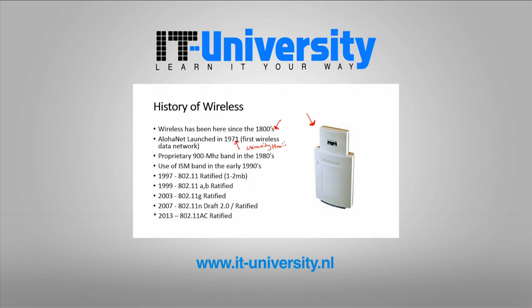So wireless has actually been around since the 70s as far as data packets. It wasn't using the protocols we use today, but it was: here's how I can send something from A to B, receive it on the other side, and understand it, right?